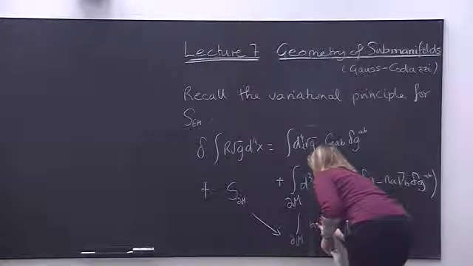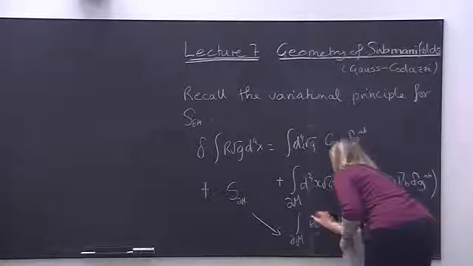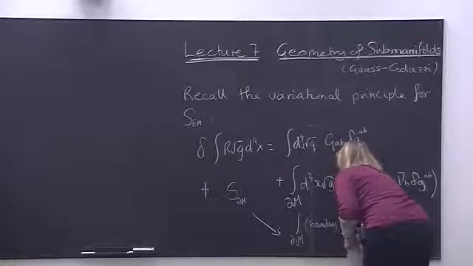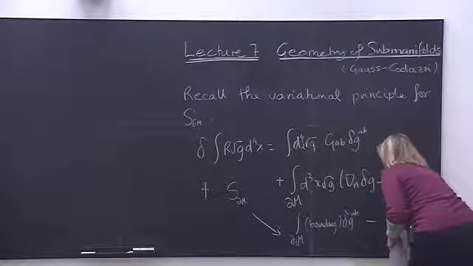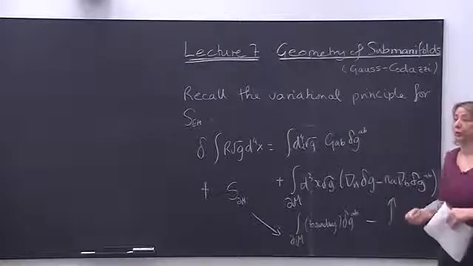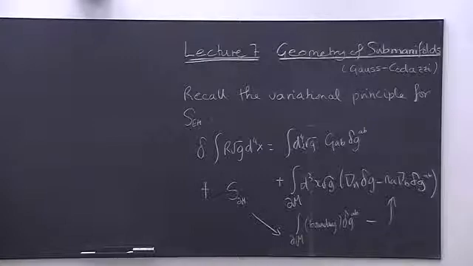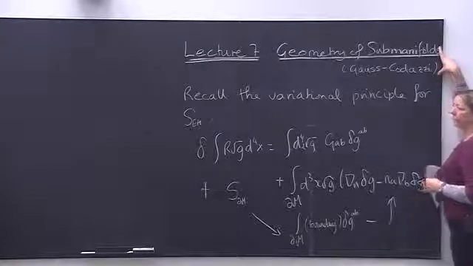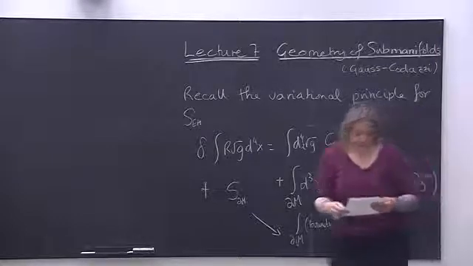So this is something that lives exclusively on the boundary, times delta G_AB on the boundary, minus this piece. So that's what we're going to do. That's where we're headed. So what we have to do first is find a way of properly dealing with submanifolds. So that's what we're going to start with.